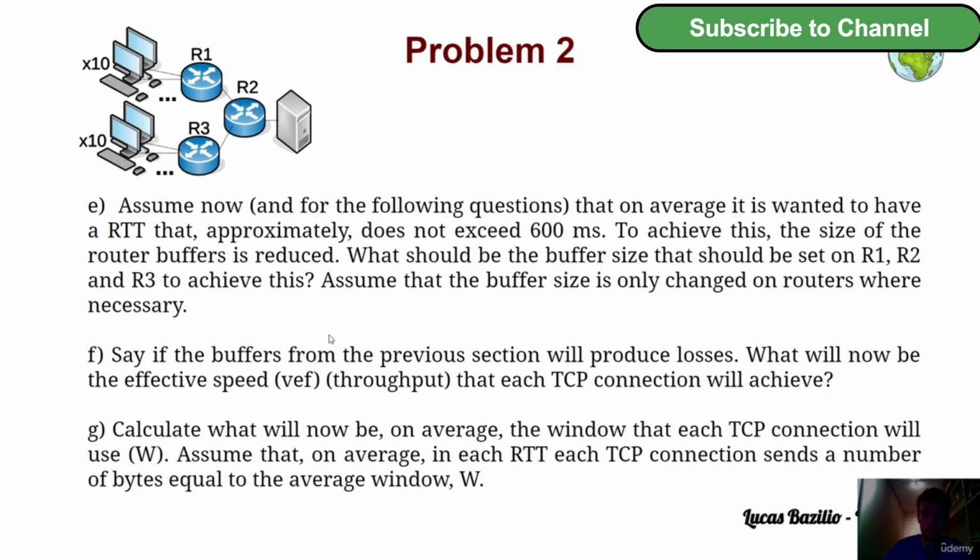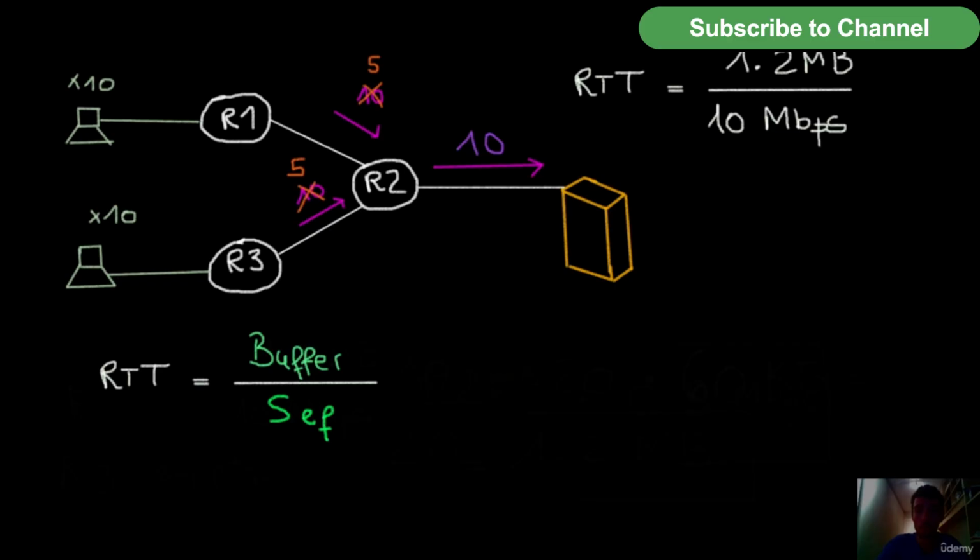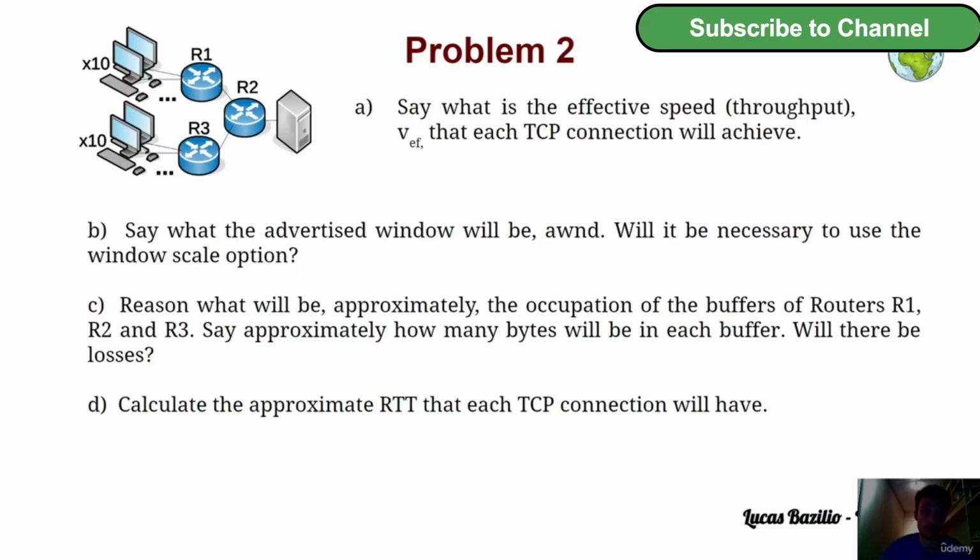So in this question, essentially, what we want is that in the round trip time equation, we don't want this value to exceed 600 milliseconds. Very important, remember that we already saw in question C what the occupation of the buffers of router 1, router 2, and router 3 was going to be.